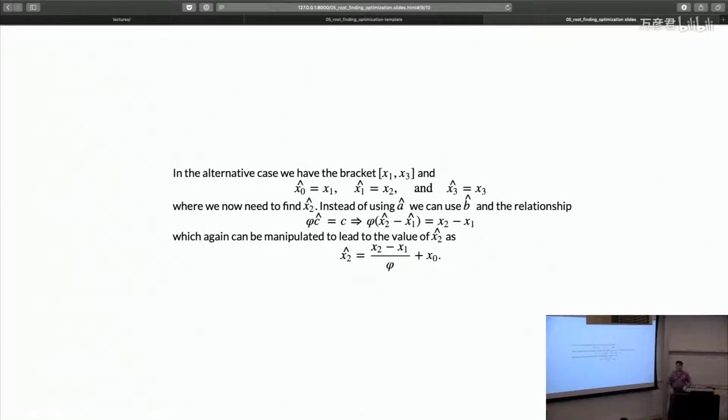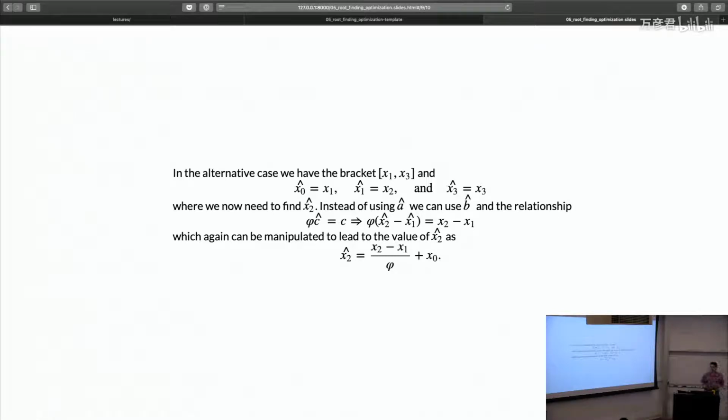The other direction, so we're taking the right-hand bracket. We have x1 and x3. So x3 doesn't change again, right? It's the endpoint. x0 hat is actually going to become the old x1. x1 hat is going to be the old x2. We're still left over with x2. You've got to look at the things I don't have defined.